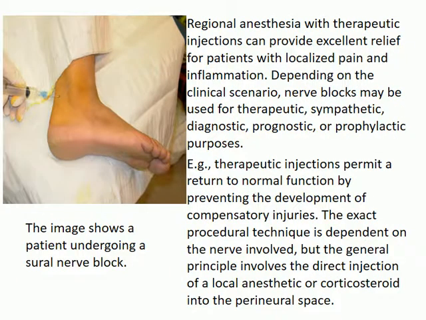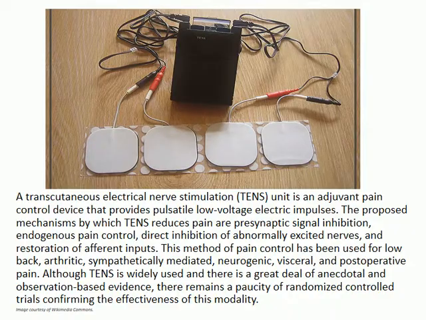Regional anesthesia with therapeutic injections can provide excellent relief for patients with localized pain and inflammation. A transcutaneous electrical nerve stimulation unit is an adjuvant pain control device that provides pulsatile low-voltage electrical impulses.